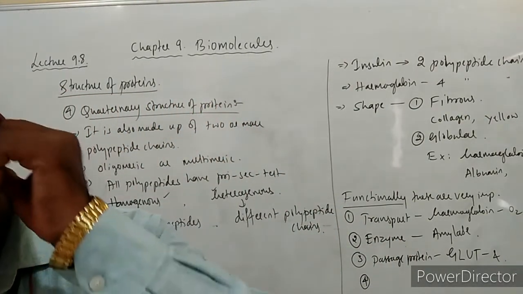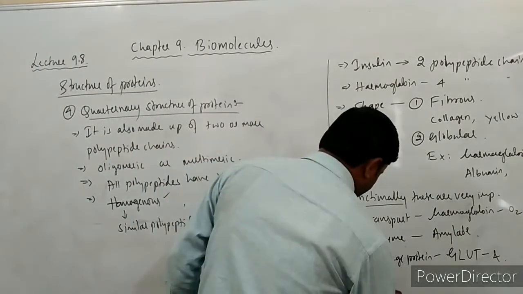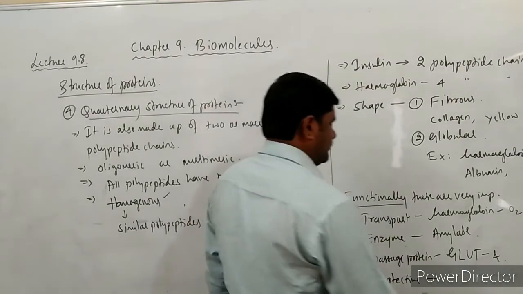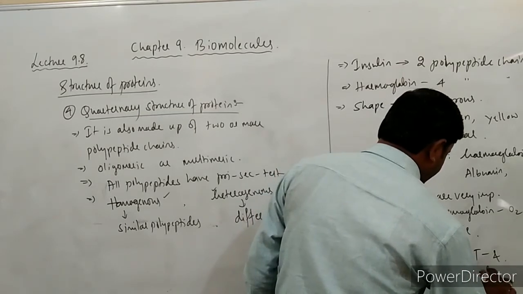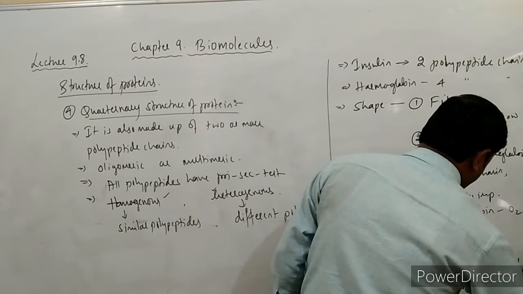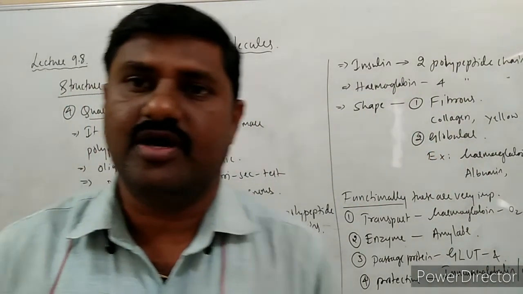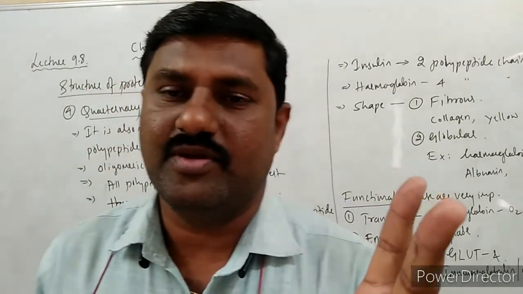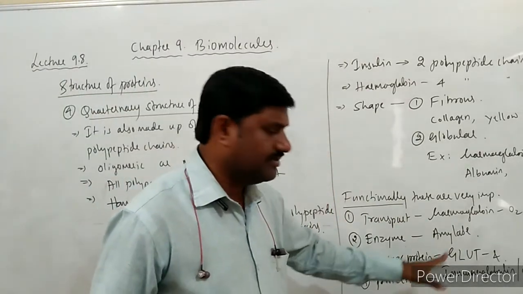Some others are protective in nature. An example for this is immunoglobulin, which is nothing but antibody. Y-shaped antibody molecules are also proteins, and they are protective in nature.